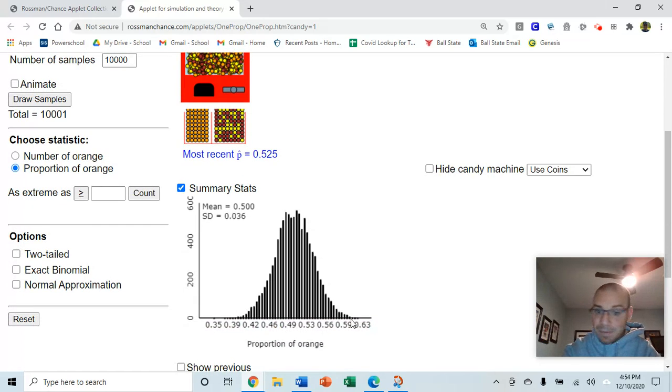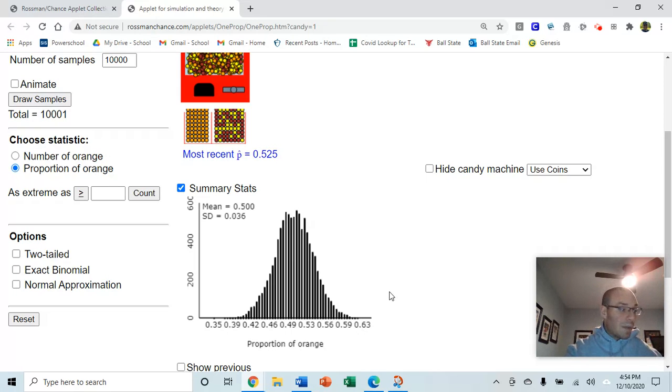And notice my most extreme samples. Before, I had samples as high as 0.84 and as low as 0.16. Now all of my individual p hats were somewhere from maybe 0.36 to about 0.6. So when we increase the sample size, we decrease the standard deviation.